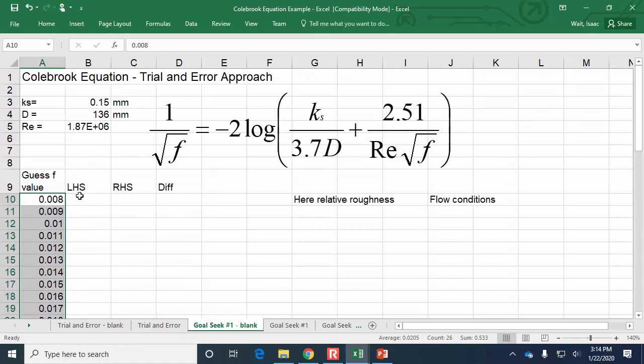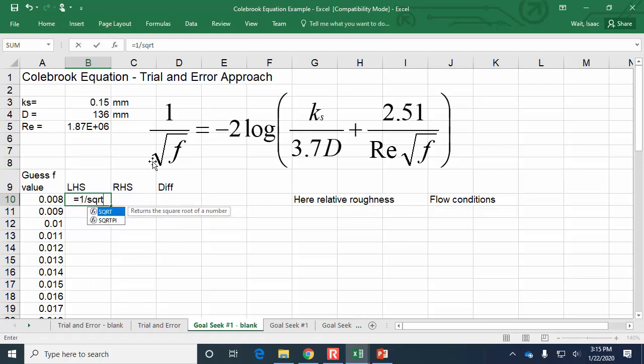And so we'll see the left-hand side of the equation is 1 divided by the square root of our f value. So when f is this value, then the left-hand side of the equation is 11.18. When f is this, the right-hand side of the equation, this is going to be a little trickier to type in, but we'll be able to get it.